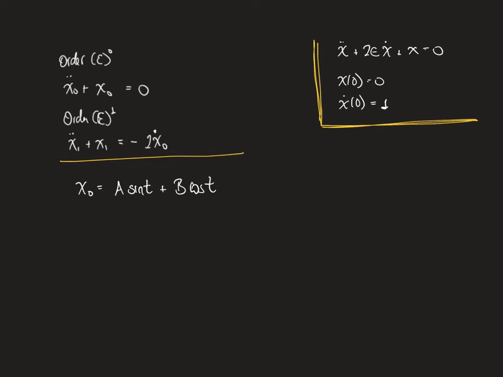Since we need also the information of x dot here, we can just do it right now. So x0 dot is equal to a cosinus of t minus b sinus of t.